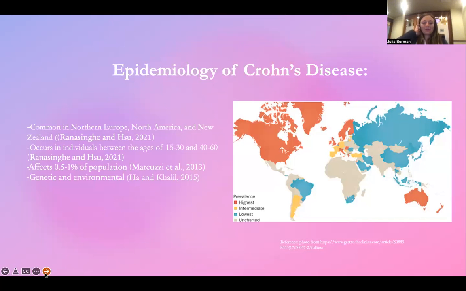And so I just want to go over briefly the epidemiology of Crohn's disease. It's very common in Northern Europe, North America, and New Zealand, as opposed to other nations, as you can see on this map here. So it's kind of interesting to consider how this disease is more prevalent in one region of the world than others.